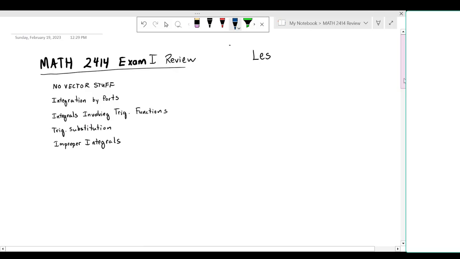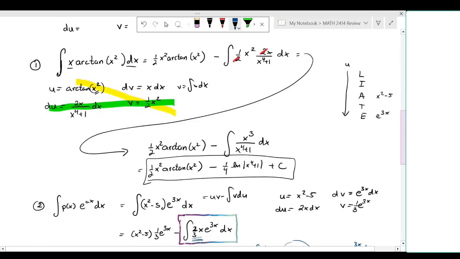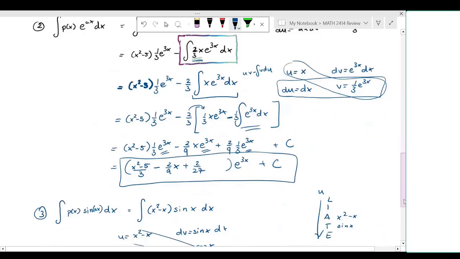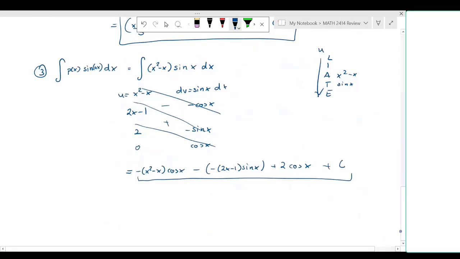Now we also want to deal with logs. So we're going to do maybe one where, well, no, okay. We're not doing this one, but would we need to use integration by parts here?